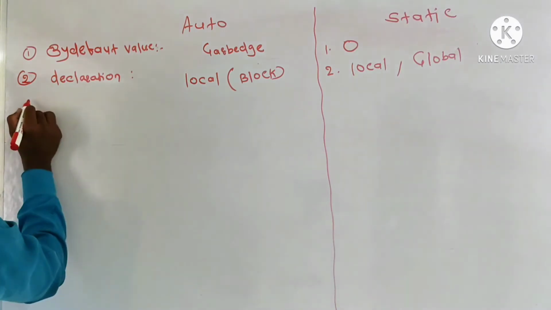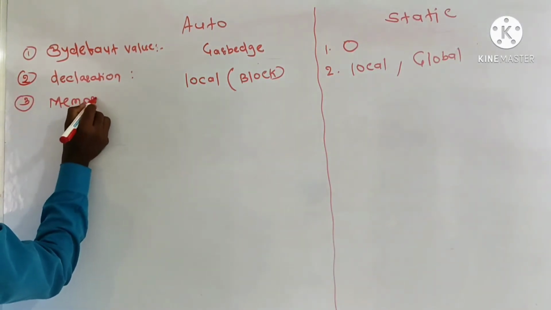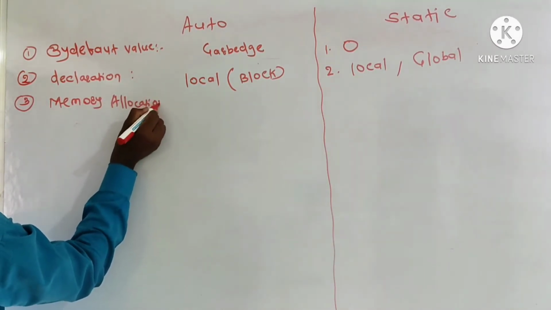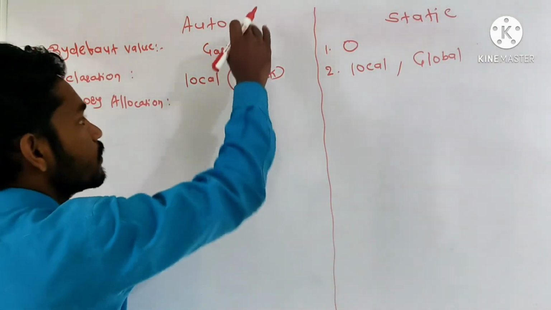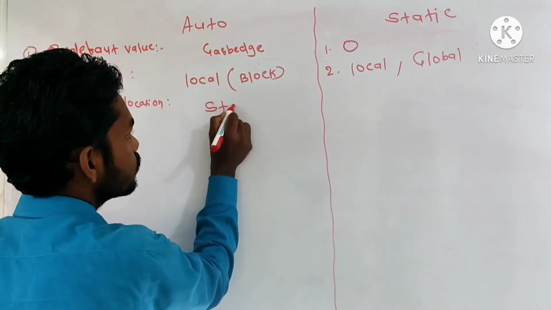Okay. Third point, memory allocation. Memory allocation for auto variable is inside the stack section.